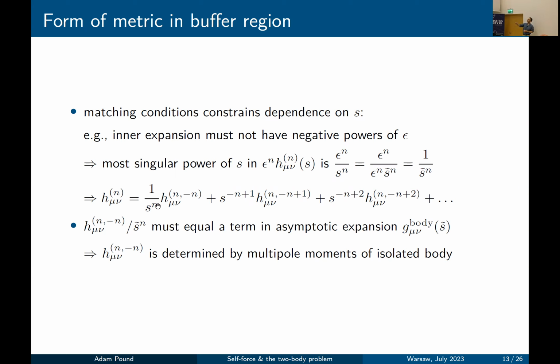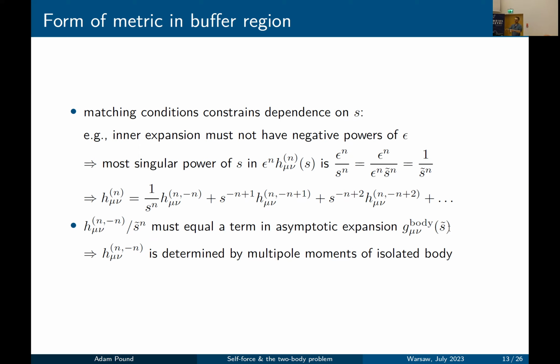So this leading term, as I showed up here, rewritten in terms of s tilde, is independent of epsilon, meaning it has to match something that's in the background geometry in the inner expansion. So this leading term, 1 over s tilde to the n, must be coming from the asymptotic expansion of the body's metric, because it's independent of epsilon as a function of s tilde.